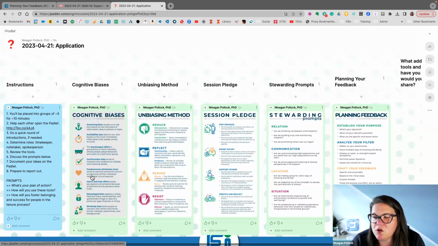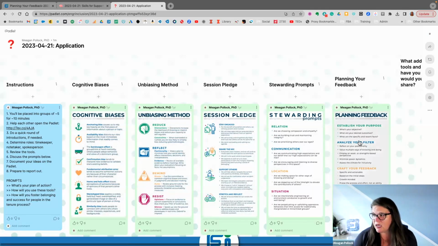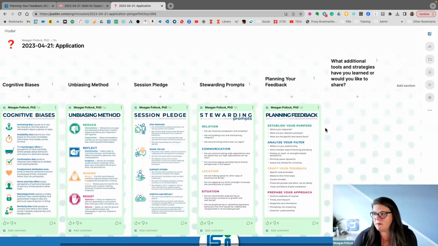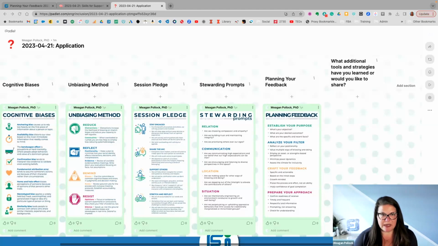But before I put you in groups, I actually want you to reflect on this yourself. So get the groups ready, but for now, it's independent reflection of how you're going to use these 5 tools. And if you have other tools that you want to share, you can upload those over here on the right. I'll set a little timer on the screen for independent reflection before we open up the groups for the pair and the share.